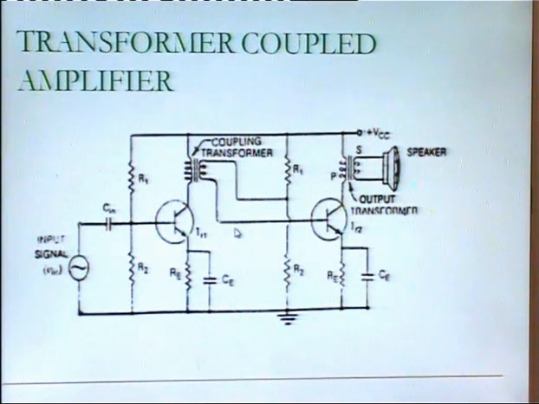Ce provides the low reactance path, but we have changed the output. At the output you are having a transformer instead of your RC, and after the amplified output is achieved through this coupling transformer, it is coupled to the base of the second transistor.